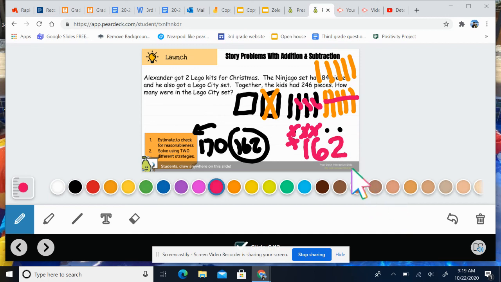You can always double check your work to make sure that this is also the correct answer by using addition. So if your equation is 246 minus 84, you can add 162 to 84 to make sure that you did that correctly. So I could do that over here if I wanted to. 162 plus 84.